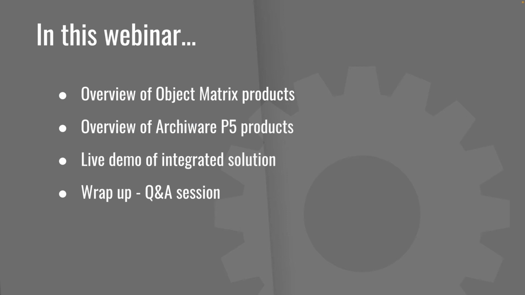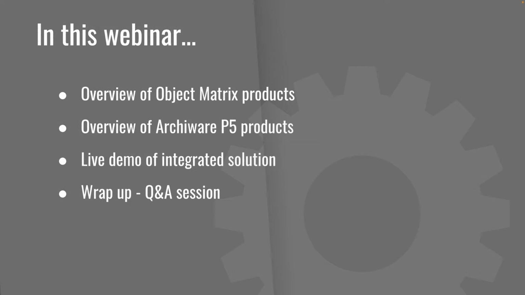So in this webinar, we've got three quarters of an hour, which we'll divide roughly into four pieces. First of all, Mark's going to give you an overview of the Object Matrix products, followed by me showing you some slides and giving you info broadly on the P5 product set for those that are not familiar with one or the other of those. I imagine a lot of you already know maybe one of these products, but not the other, so you'll fill in the gaps there.